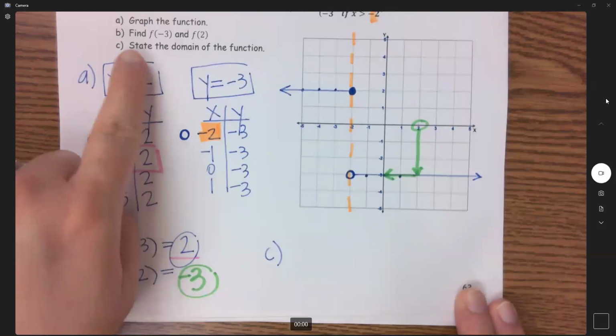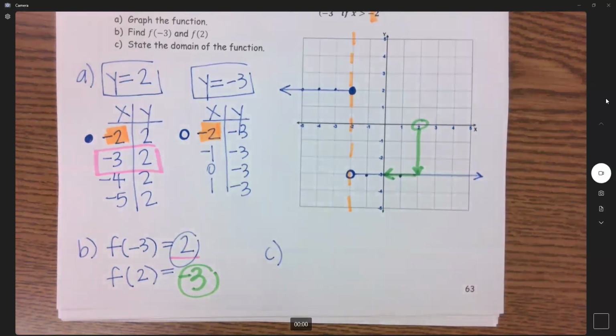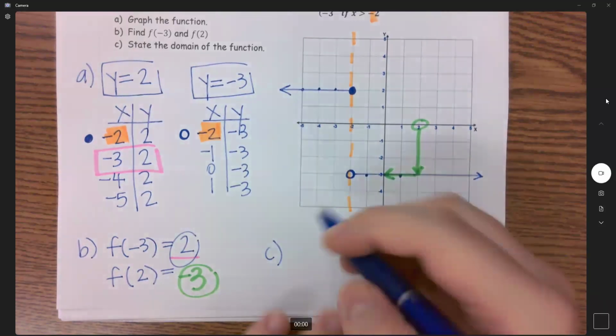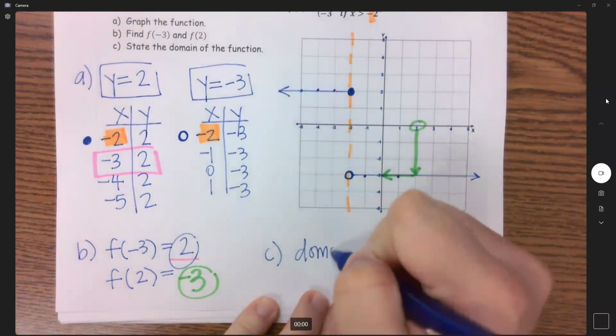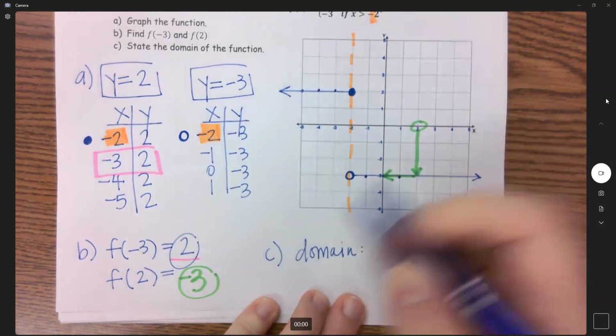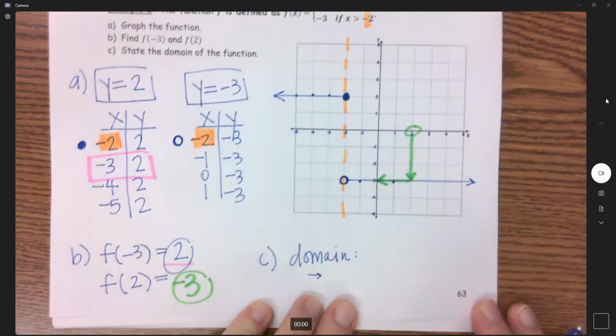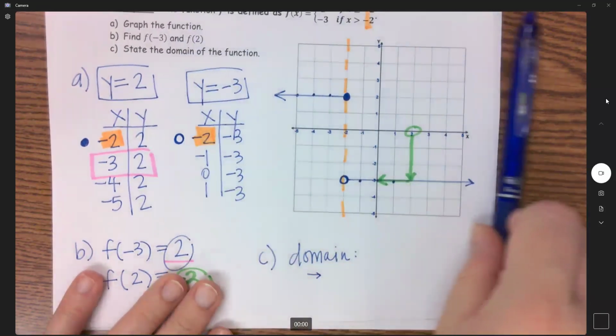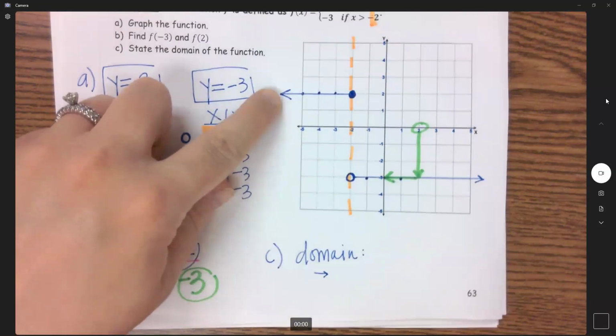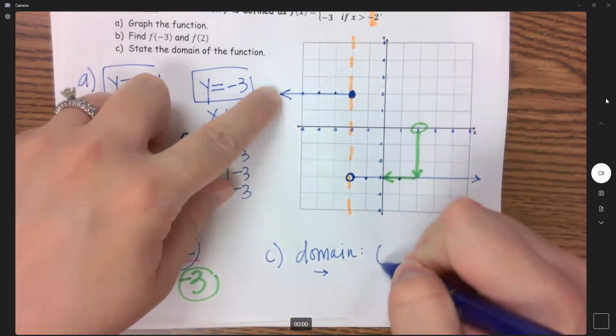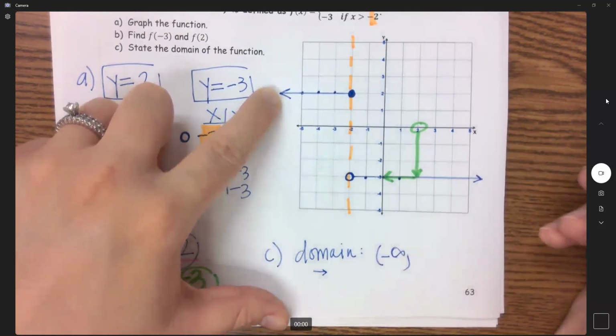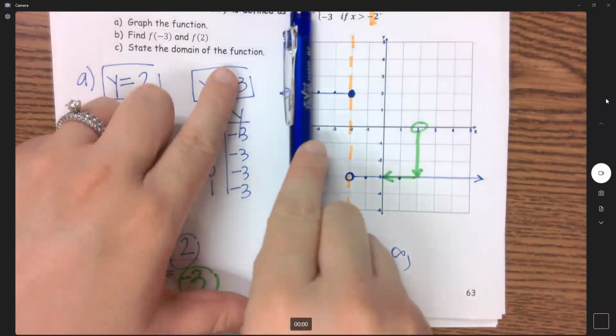And then C, we need to state the domain of the function. So domain, we go from left to right. So as I go from left to right, the first thing I hit is an arrow. That arrow represents -infinity. And then it's going to keep going.